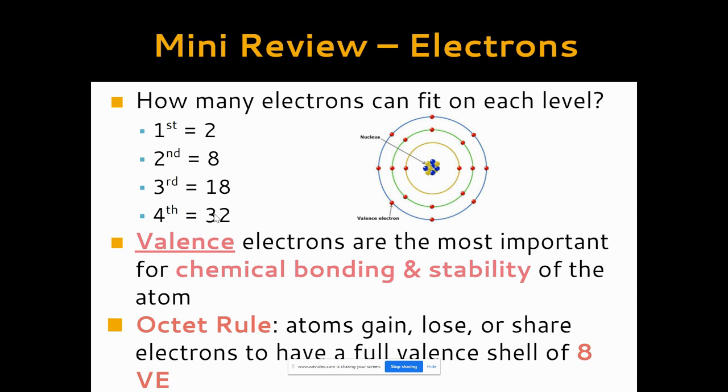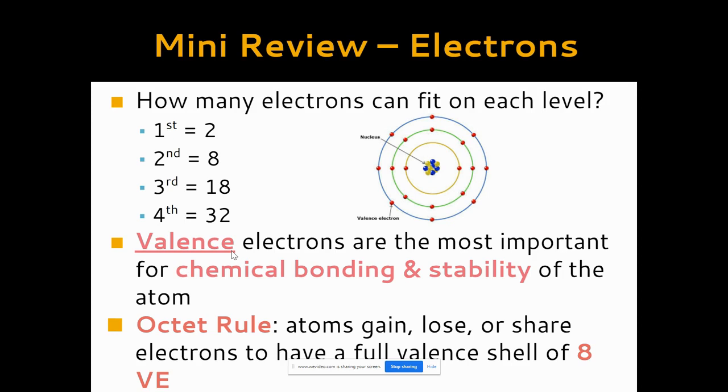But the electrons in the outermost energy level are called the valence electrons. Okay, now the valence electrons are really, really important. They determine the chemical properties and the stability of the atom. Okay, they're also the electrons that are actually involved in chemical reactions, which kind of makes sense when you think about it, right?